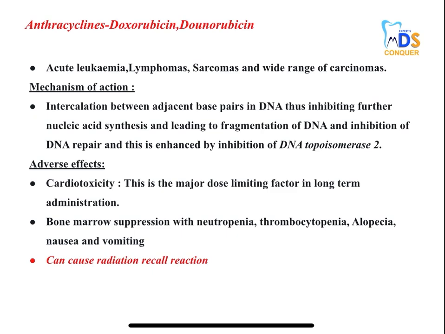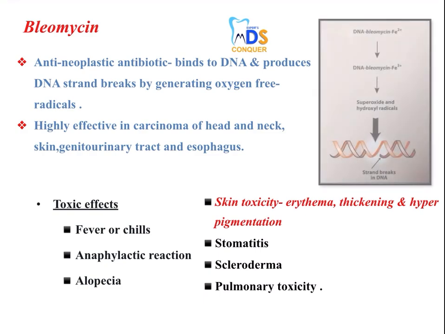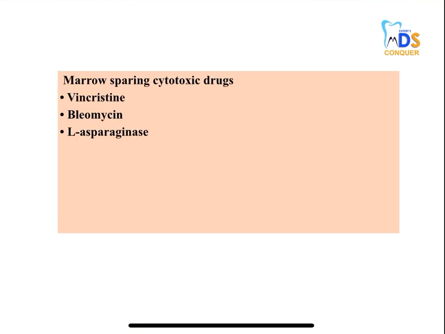Just have a look at the mechanism of action. Doxorubicin and daunorubicin. Next, bleomycin causes skin toxicity: erythema, thickening and hyperpigmentation, and it can also cause scleroderma. So this is regarding the important classification and important points. Next, the marrow sparing cytotoxic drugs, many times asked: vincristine, bleomycin and L-asparaginase are the marrow sparing cytotoxic drugs.